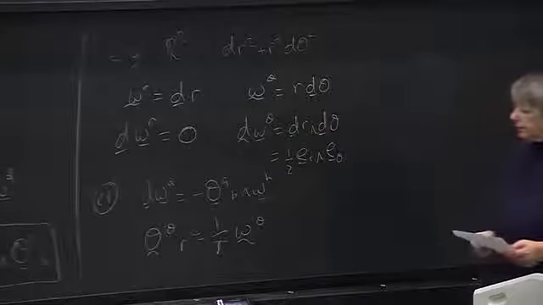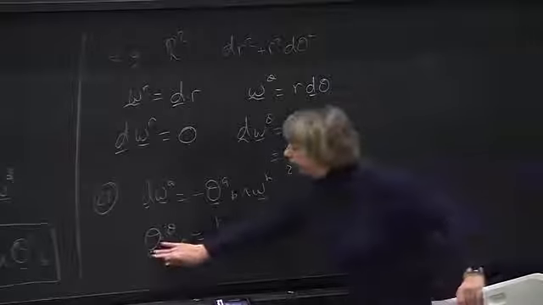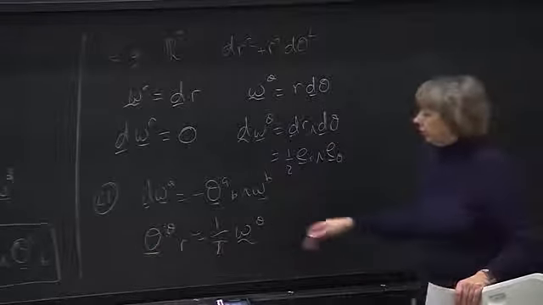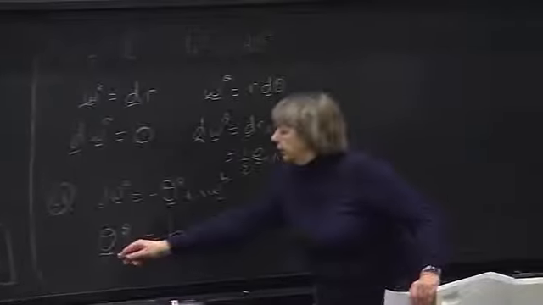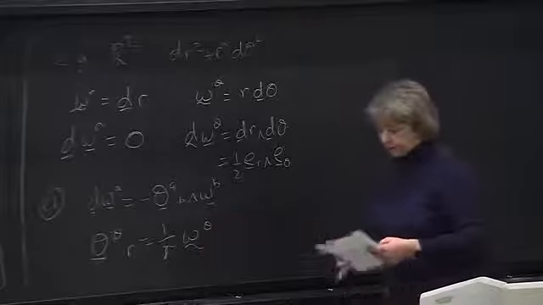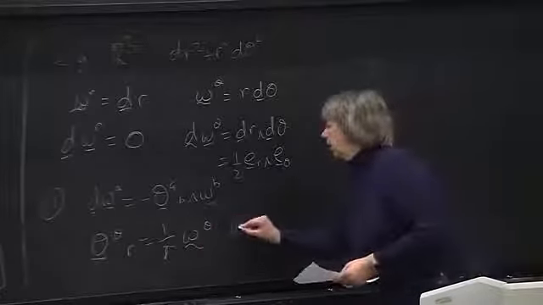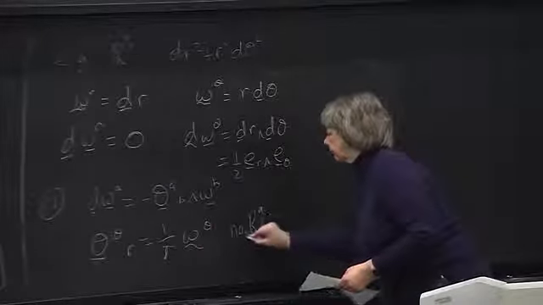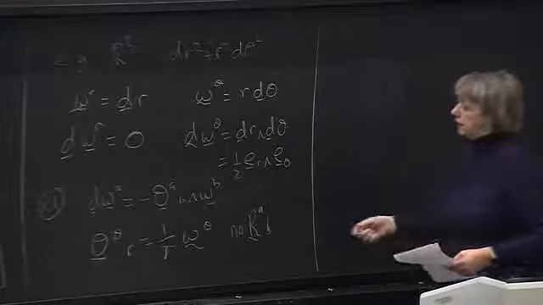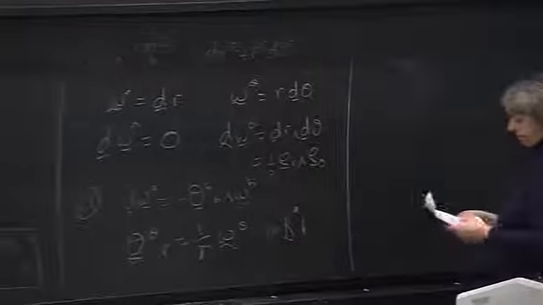So I get a non-trivial connection, but I've only really got one independent component, the theta r piece, and there's no R^a_b, because if I take d of this, I actually get 0.